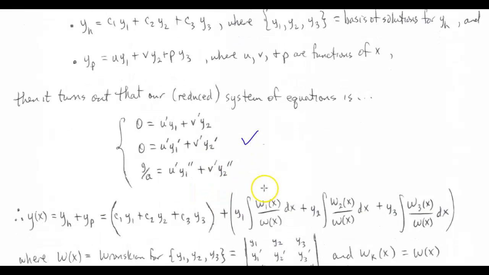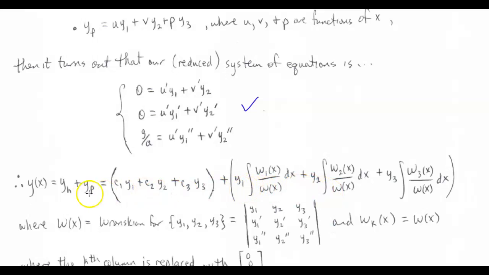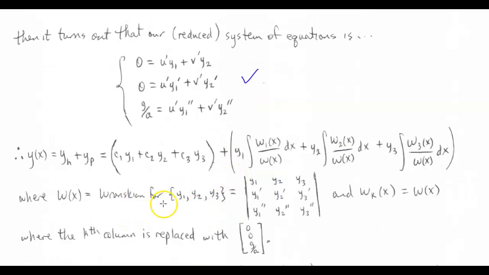And then from here, the formula for how we get to our total solution y of x is going to be the same. Our Wronskian for this case will be the Wronskian of the basis of our third order linear ODE, which would be y1, y2, y3, and all their derivatives up to n minus 1.